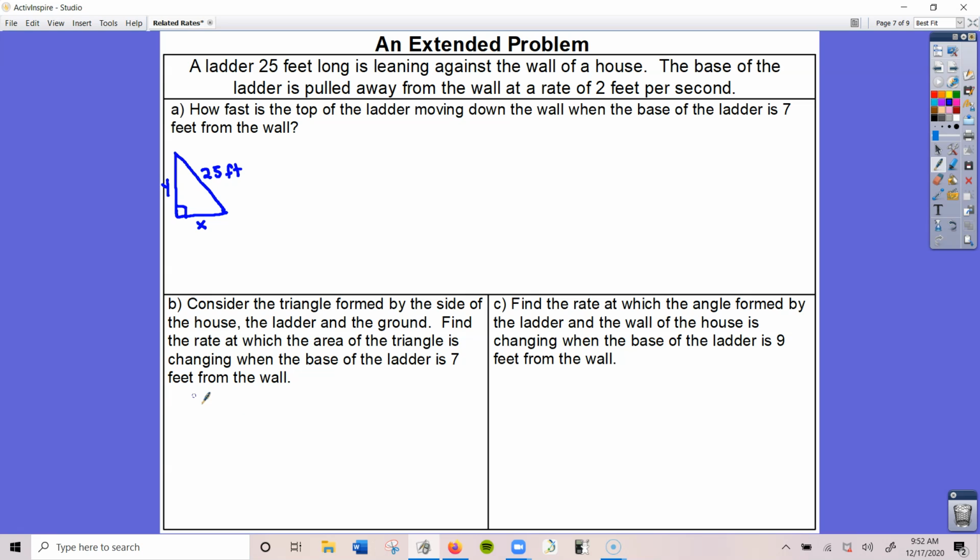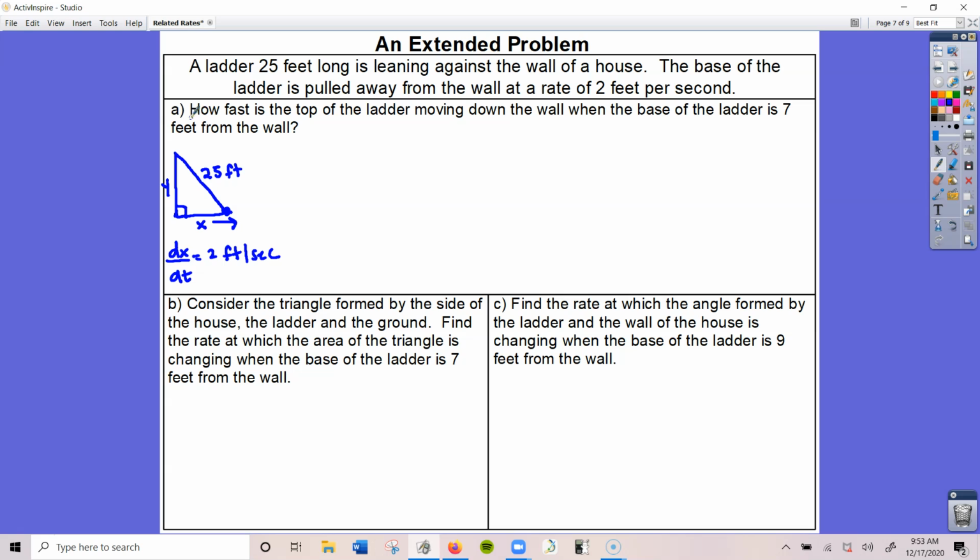We're given that dx dt is equal to 2 feet per second. It's positive because if the base of my ladder is being pulled away, the distance between the base of the ladder and the wall is going to increase. So that is a positive number.